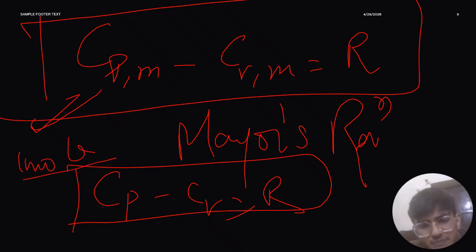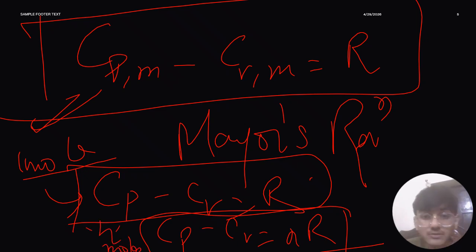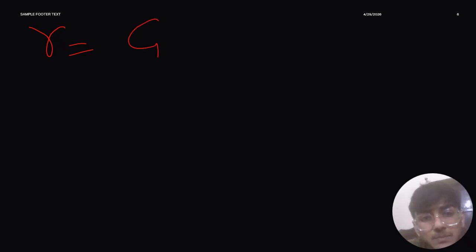But actually, the more generalized, or more correct way: this is one case, when the number of moles is 1. When the number of moles is not 1, it is Cp minus Cv is equal to nR. So remember, this is for 1 mole, and this is for n moles. Now, gamma is simply Cp by Cv.